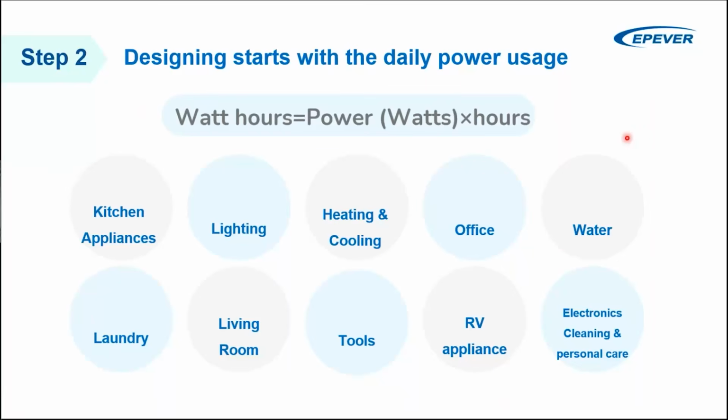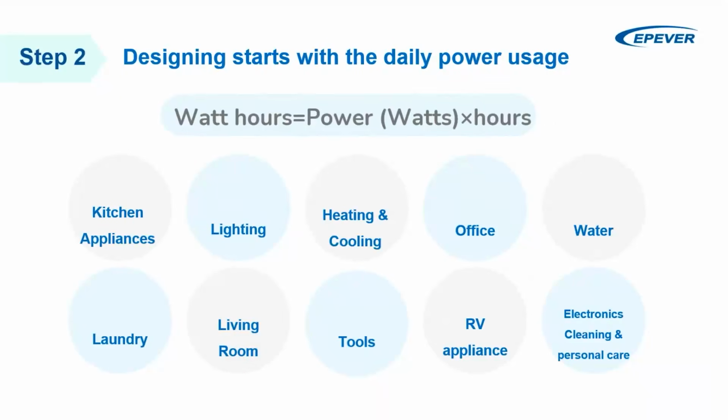Okay. Figuring out the amount of power you need is the first step for designing a solar off-grid system. We need to take a list of all of the electrical devices that we are powering and how long we need to power them. Actually, for off-grid systems, we don't have anything called average usage or high usage.